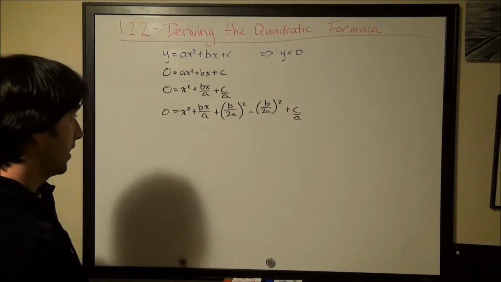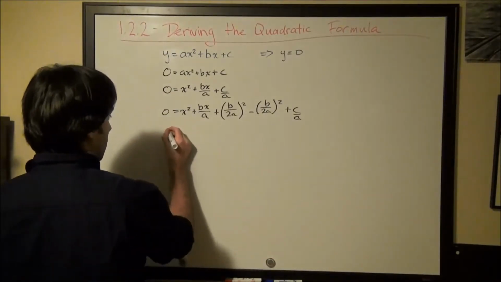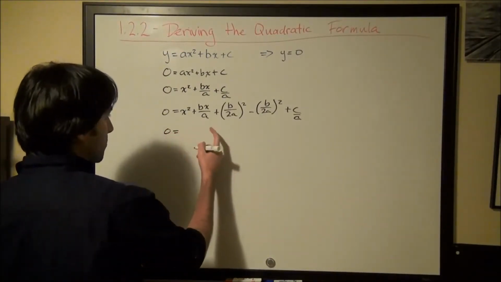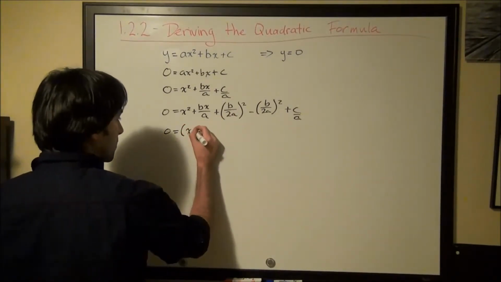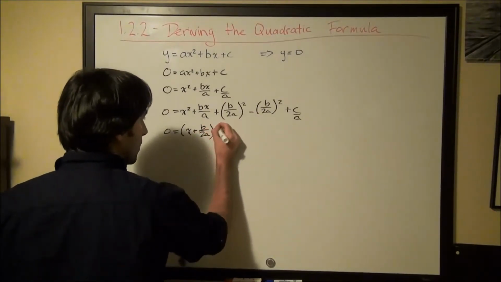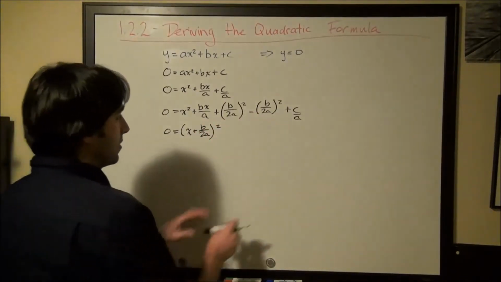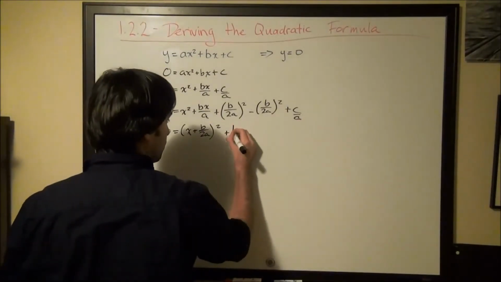Now, what we're going to have to do is finish completing the square. So remember that we have x plus d. D is b over 2a. So x plus b over 2a squared. And then this term will simply be a constant.